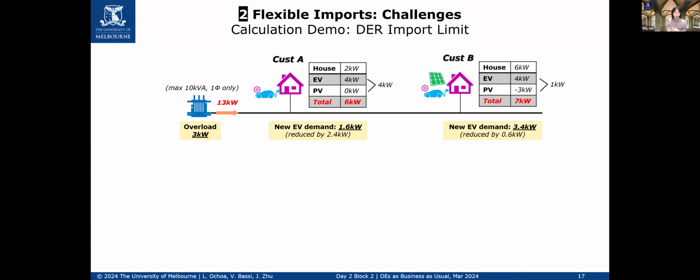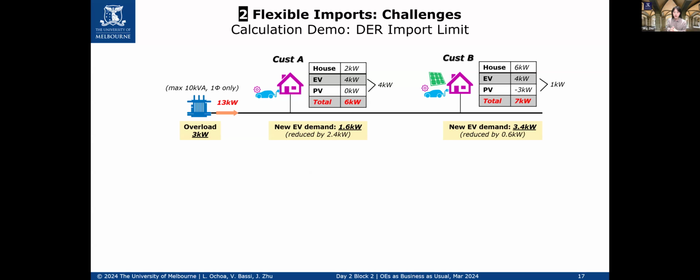So the overload on the transformer of 3 kilowatts will be proportionally allocated to A and B based on their net DER demand. By doing so, we can see customer B can actually charge at 3.4 kilowatts, which is higher than customer A can do. And it is a more equitable scenario for customer B because they are now benefiting from their PV installation capacity.